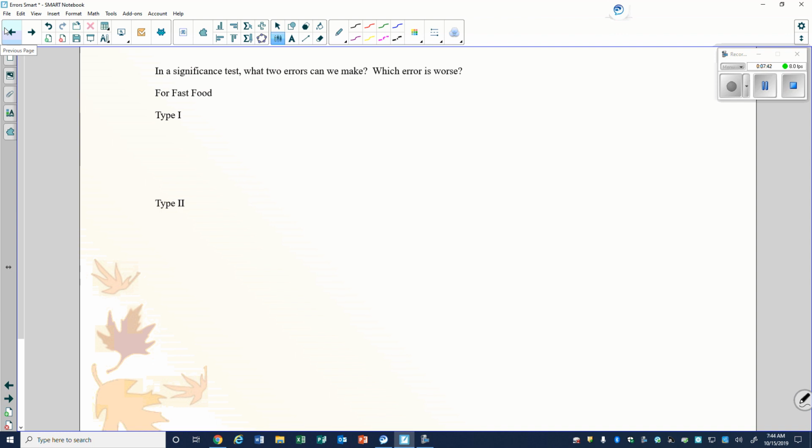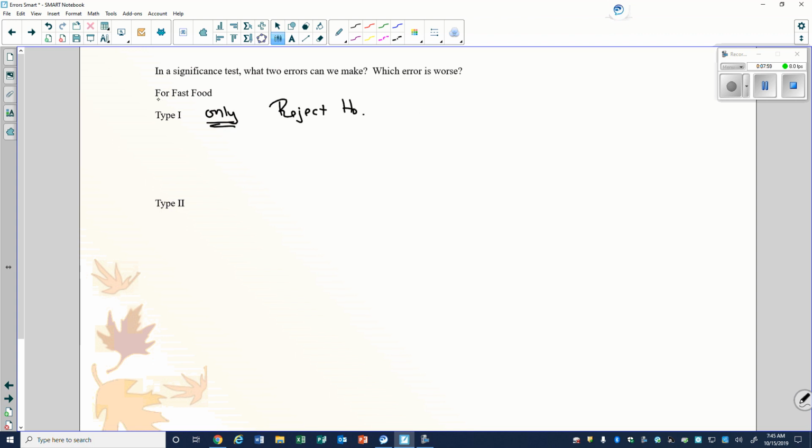So for that fast food example, here's what your two errors would look like. So for a type 1 error, type 1 can only be made if I have rejected the null hypothesis.